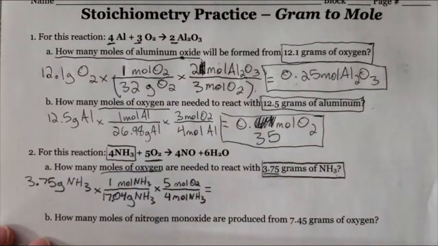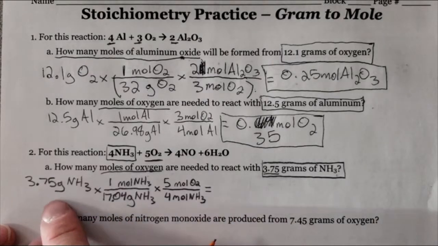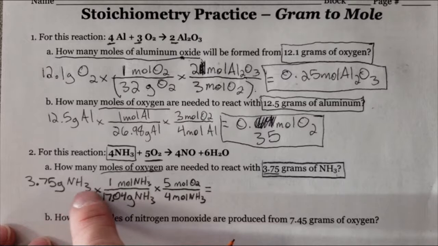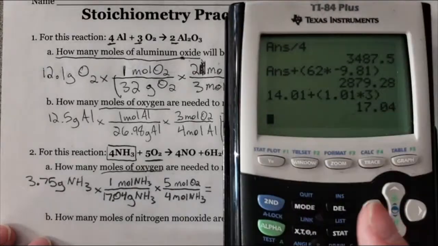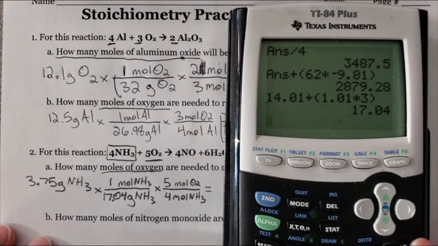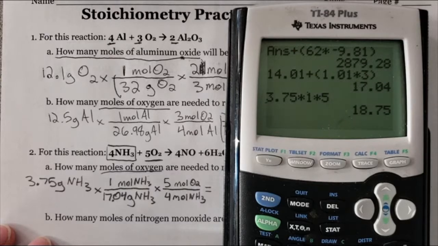So now when we're trying to solve for this here, we're just going to plug everything in there together. So we've got 3.75 times 1 times 5 divided by 17.04 times 4. So let me show you what that'll look like on our calculator here. So we've got 3.75 times 1 times 5. Okay, so that's our total for the top. And then we're going to divide by everything that's on the bottom.